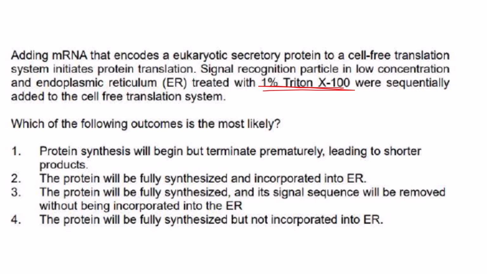So the answer here will be protein synthesis will begin, because they have told to initiate protein translation. It will initiate protein translation, but you are adding signal recognition particle. It will bind to the signal peptide and it will halt the protein synthesis. Here there is no signal recognition particle receptor on the endoplasmic reticulum for binding. So it will terminate prematurely, leading to short products. So that will be the outcome.